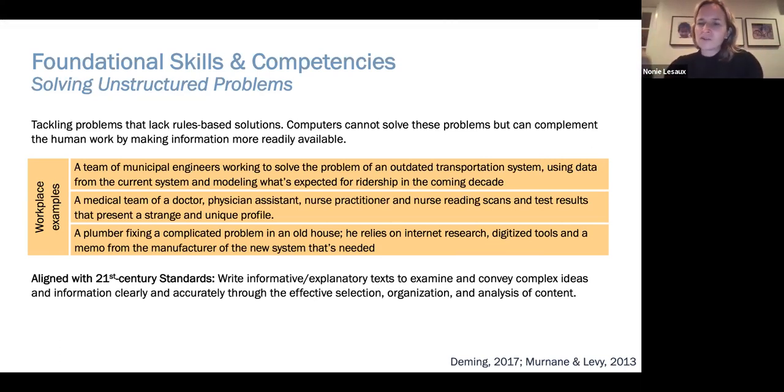We have teams in medical environments looking at data together. We have coordination of care across the medical sector, where we see lots of work on unstructured problems.